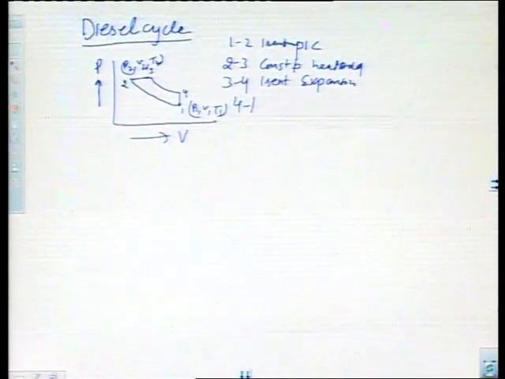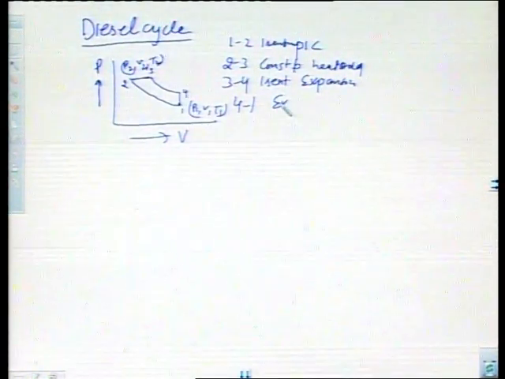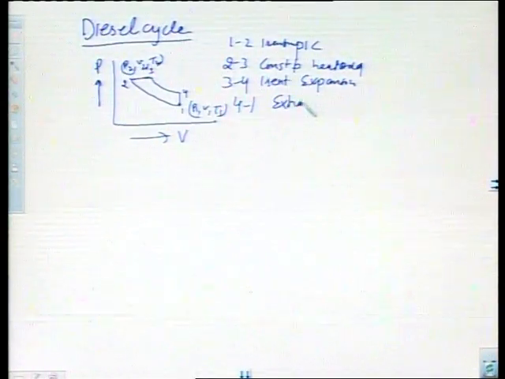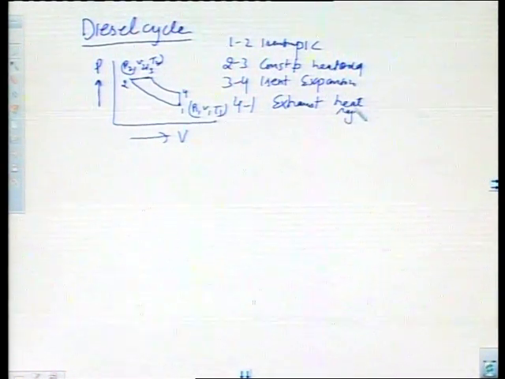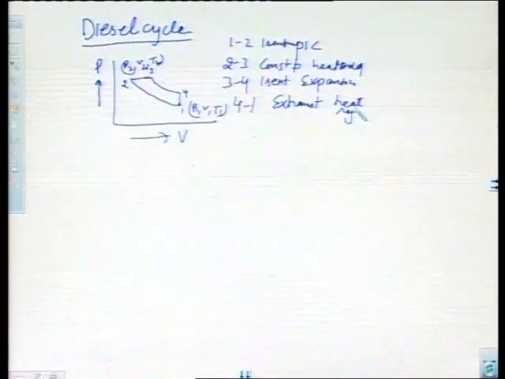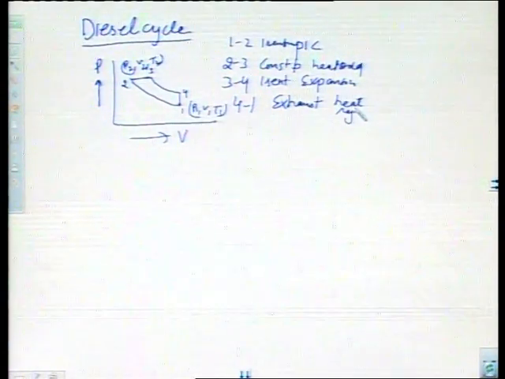In 4 to 1, the exhaust gases are rejected, heat is rejected. So, these are the different processes which take place during the diesel cycle.